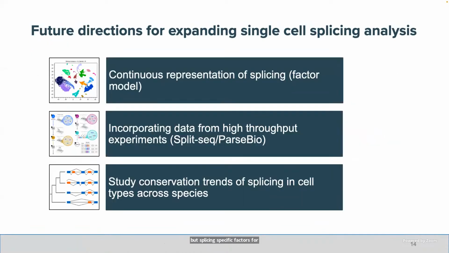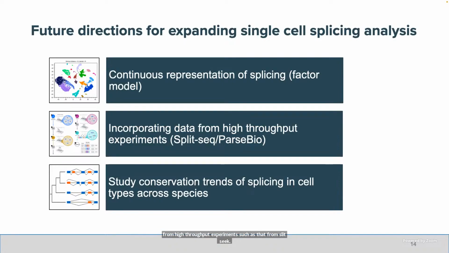In terms of future directions and where we would like to take this work, so far these cell state assignments have really been discrete, and we would like to move into modeling the cells on a more continuous level. We're actively working on that. We would also like to extend the model to incorporate data from high throughput experiments, such as that from SplitSeq, from ParseBio.